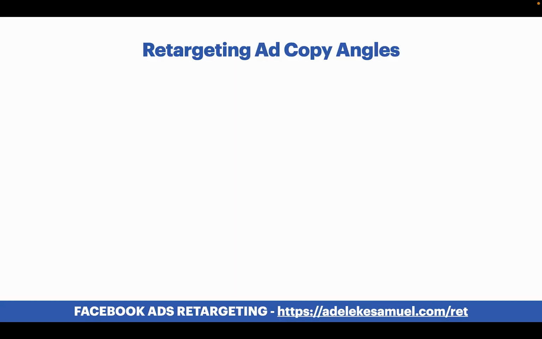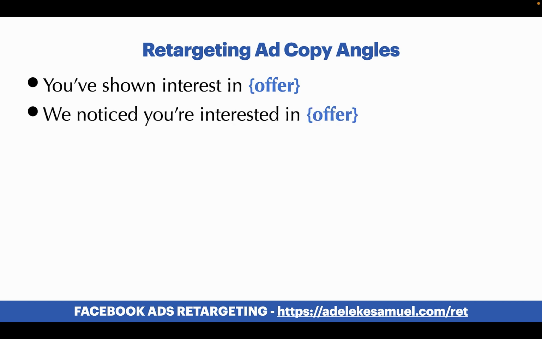Now let's look at different angles that you can explore for your retargeting ad copy. The first one here is you can start with a hook, like "you have shown interest in," then talk about the offer. Don't forget this is retargeting, so they're already familiar with what your offer is. Just put the name there and what your offer includes. Another one here is "we noticed you are interested in," then talk about the offer.